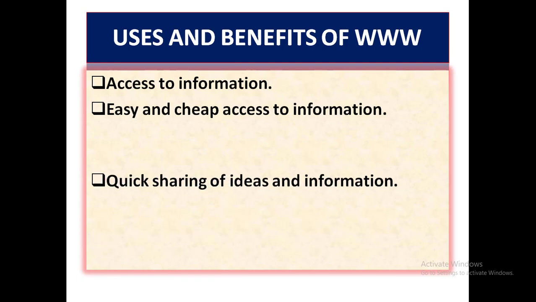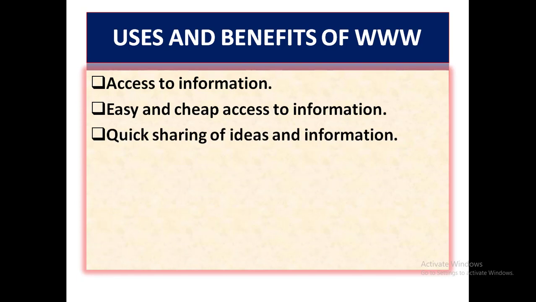And the third thing we are looking at is quick sharing of ideas and information. We are sharing this idea and information now, and it's very quick all over. Wherever you are, you just have access to it. Look at the distance, how far we are, and you can still have access to it. You can have access to anything in any part of the world, either from Antarctica, Asia, Europe, or Australia, places that take you hours to get to if you are going through air.